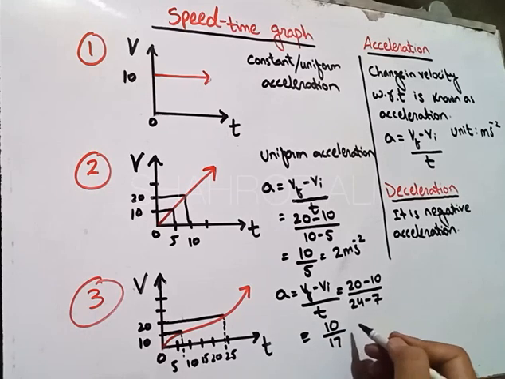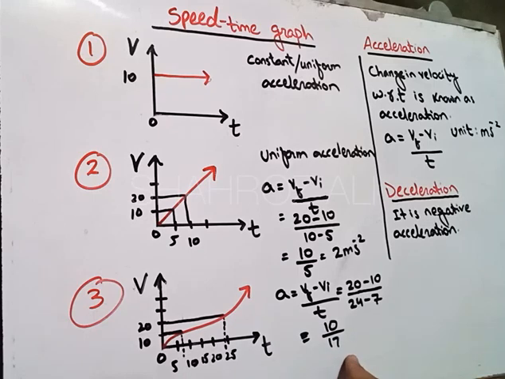By just dividing it you will get values which are not the same. If you want to calculate the intervals between 0 and 5, 0 and 7, you will come to know that the answer is not the same in both cases, in both velocities.